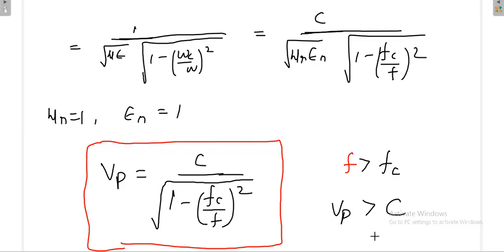That's why the phase velocity is greater than the velocity of light in free space. This is something strange, because you know that on earth nothing can move at a rate greater than c, the velocity of light in free space. Whatever component is there has to move with a velocity less than c only. But in this case it looks greater than c. The phase velocity is greater than the velocity of light in free space.